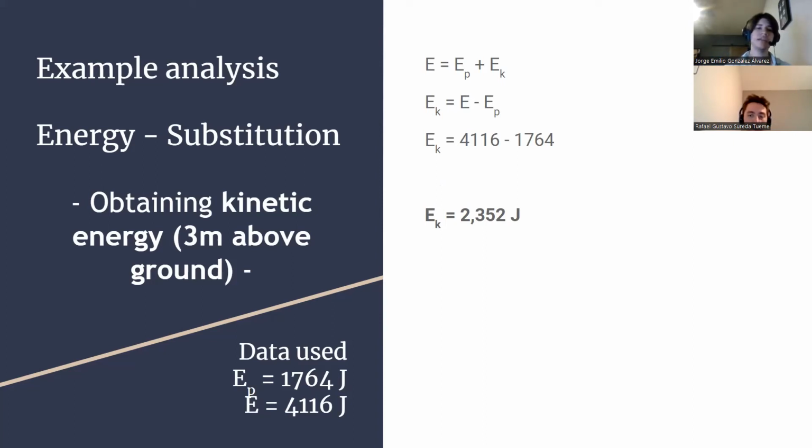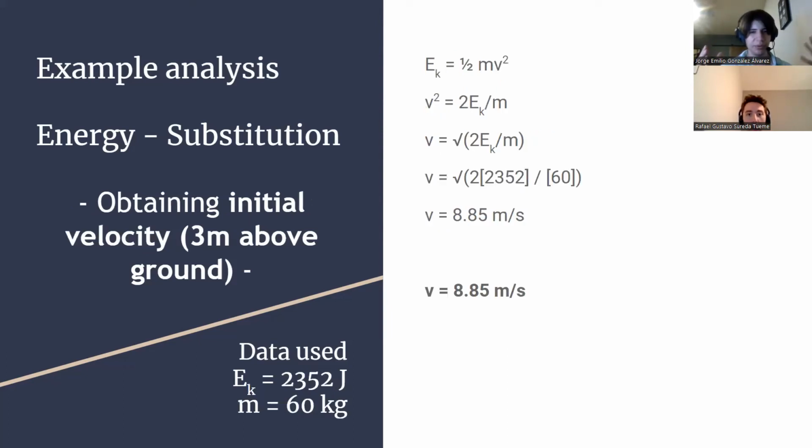To find the kinetic energy using the mechanical energy and the potential energy, we just need to subtract the potential energy from the mechanical energy, which gives us 4,116 minus 1,764. The final result of this is 2,352 joules.